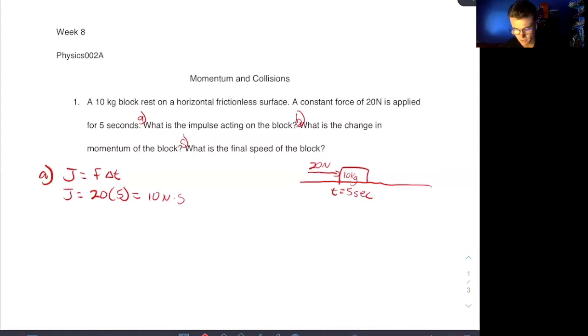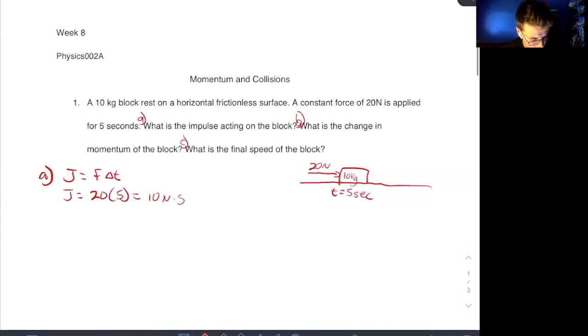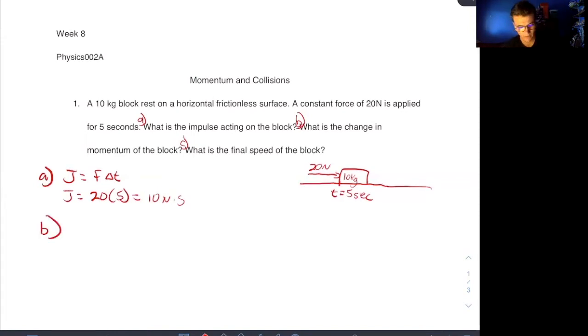Then B. What is B asking for? B is asking what is the change in momentum of this block. Well, we know that the change in momentum is equal to the impulse.